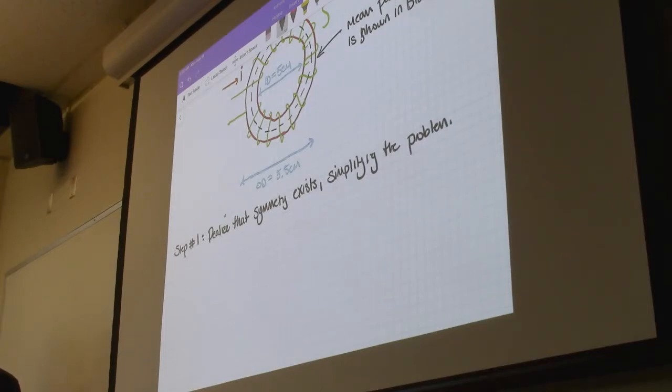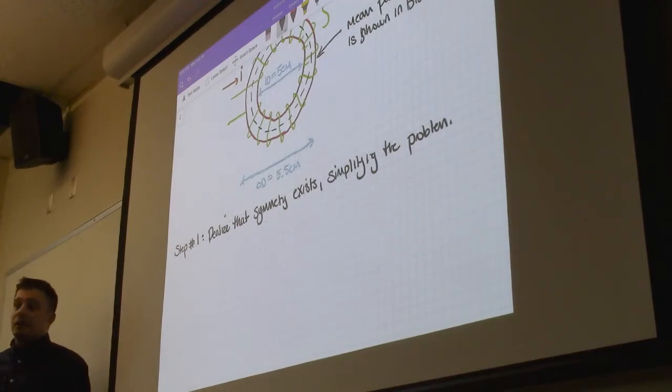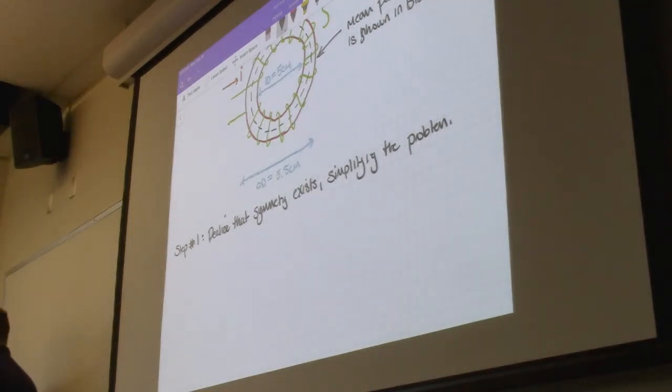We can represent all of those assumptions by referring to the problem as symmetric. We should be able to look at any slice along the toroid and it should act the same way because the coils are evenly spaced and the path is in the same spot.